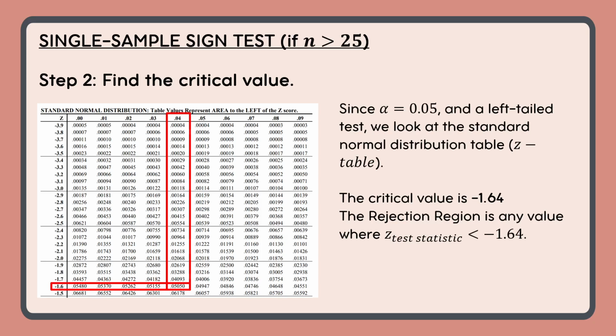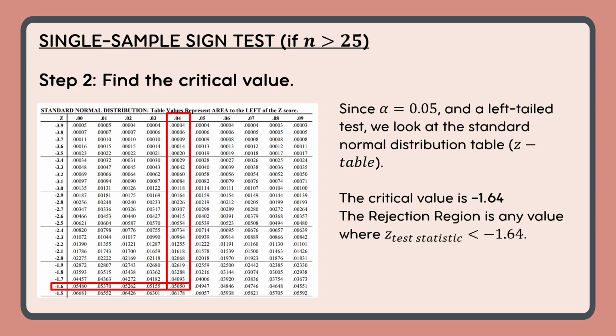To find the critical value, since we are dealing with a sample size of greater than 25, we can use the standard normal distribution table. Since this is a left tail test, we have to locate the alpha of 0.05, which represents the rejection region.